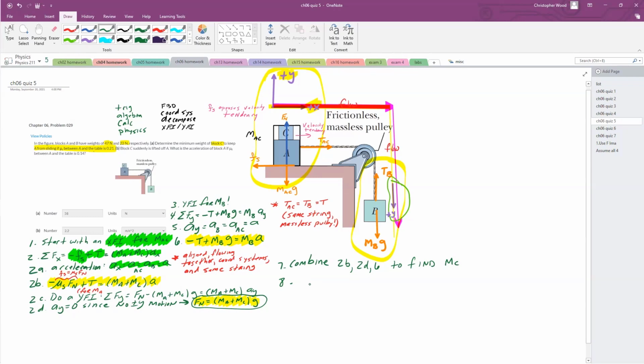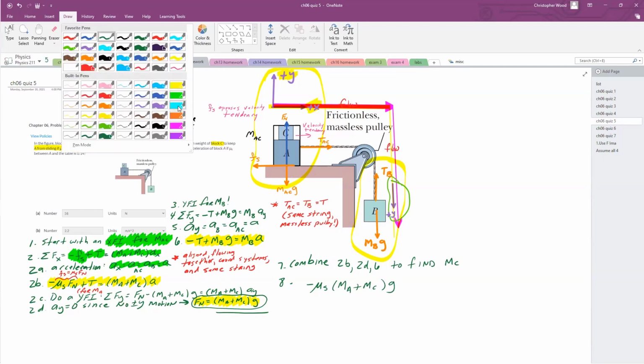Here's 2B, negative mu sub S, F sub N. And I'm going to do the substitution right now. So instead of writing down F sub N, here's F sub N. So negative mu sub S times F sub N, there's MA plus MC times G. So good, I have just taken care of this.